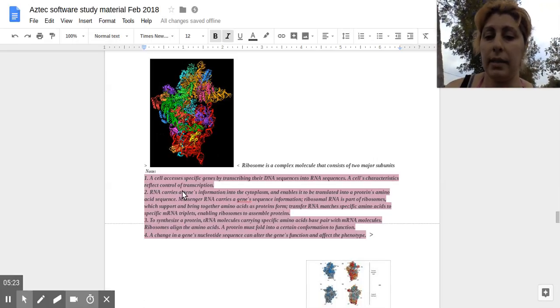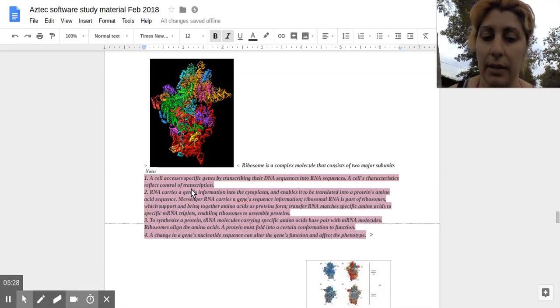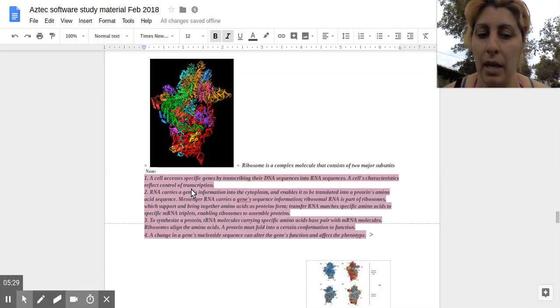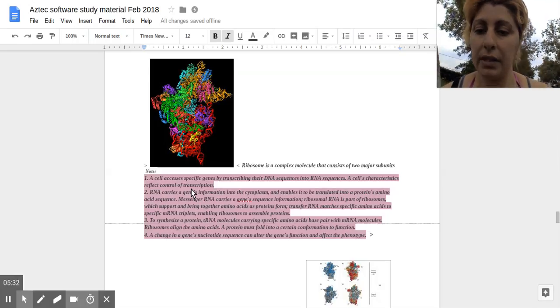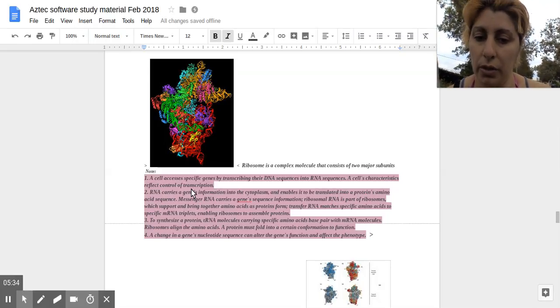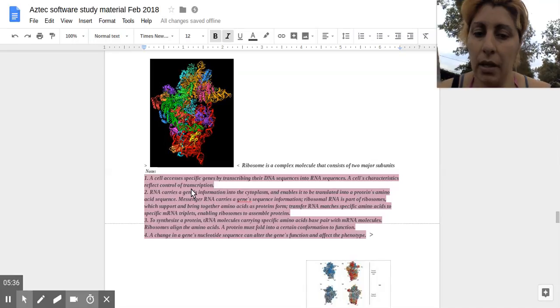A cell accesses specific genes by transcribing their DNA sequences into RNA sequences. A cell's characteristics reflect control of transcription. So DNA to RNA is transcription. RNA carrying genetic information into the cytoplasm enables it to be translated into proteins, amino acid sequences.